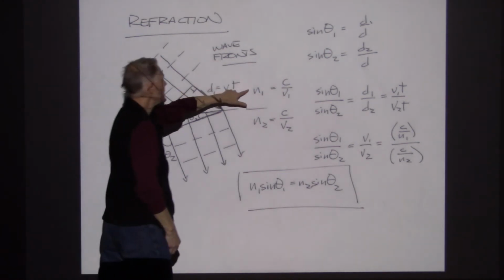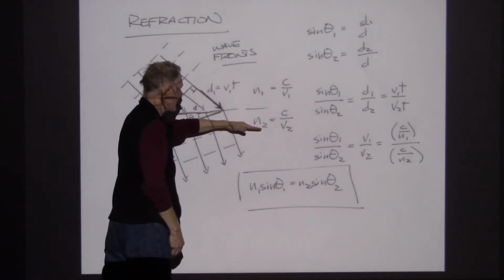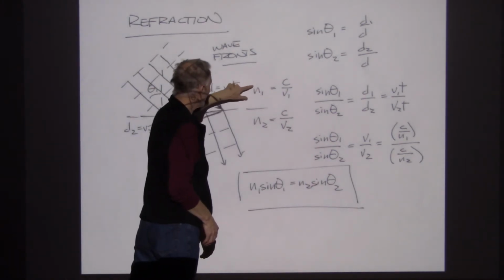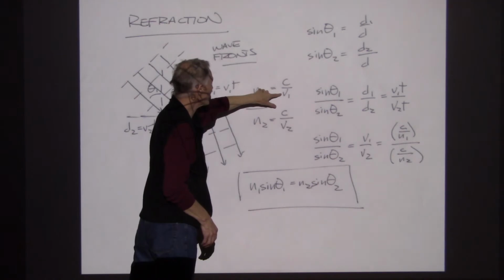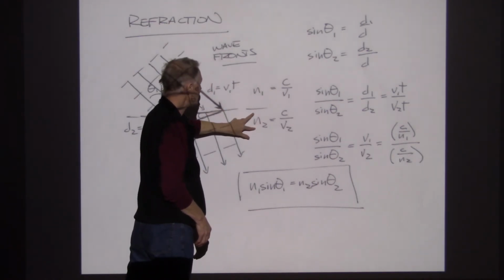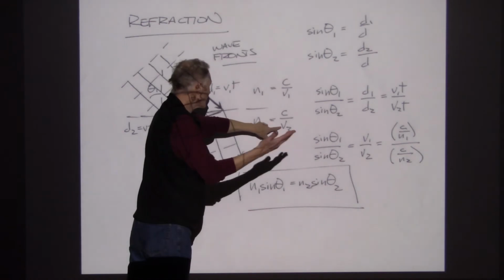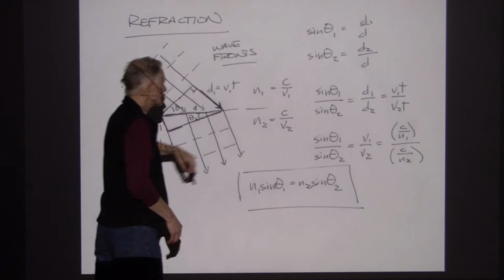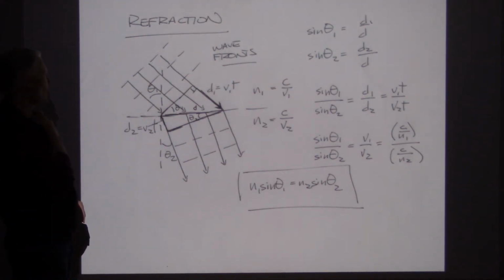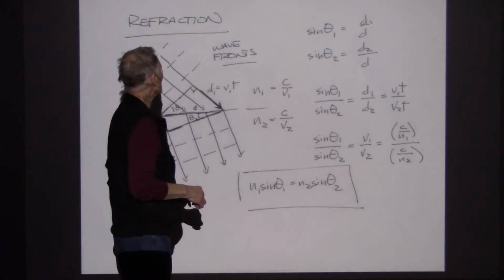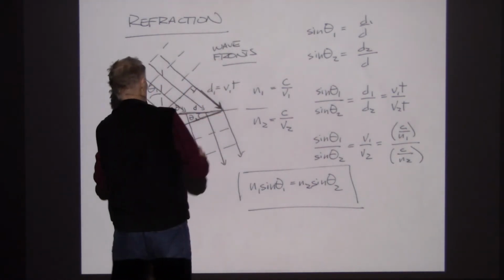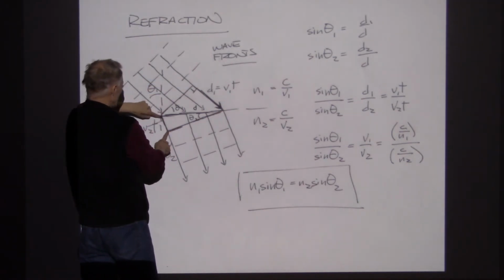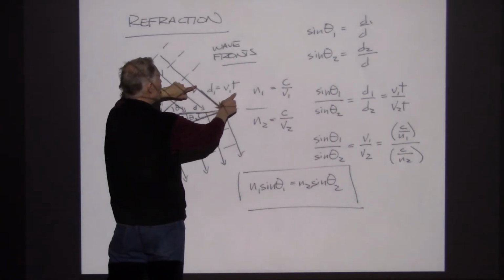So this medium is N1, this medium is N2, and in medium N1, N1 is going to equal C over the speed of light in this medium, and in medium N2, N2 is going to equal C over the speed of light in this material. So what we can do then is take a look at these two paths that we had concentrated on. I'm going to call this D1. I'm going to call this D2. This D1 is equal to V1 times T.